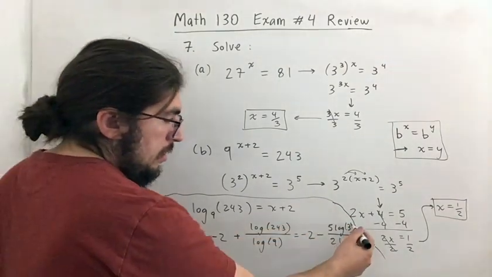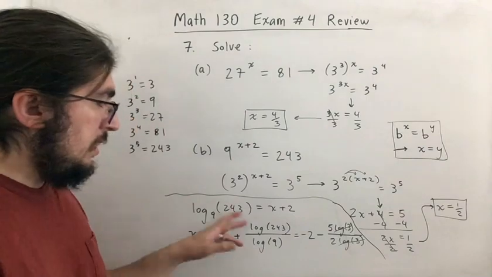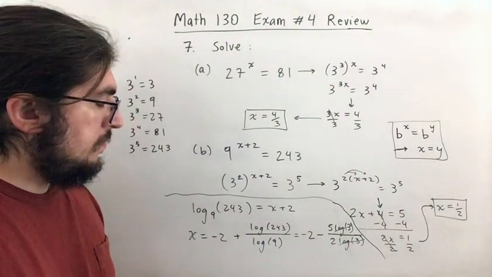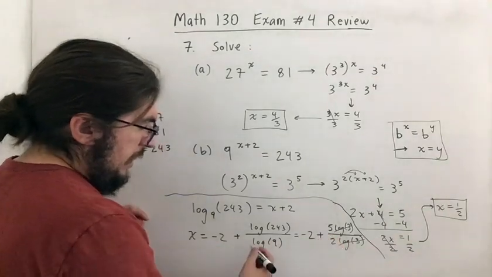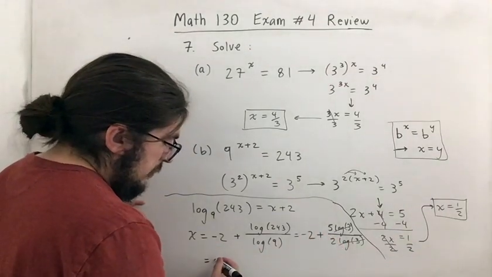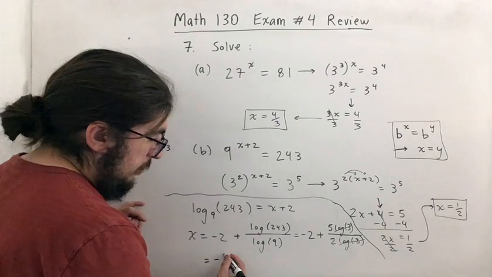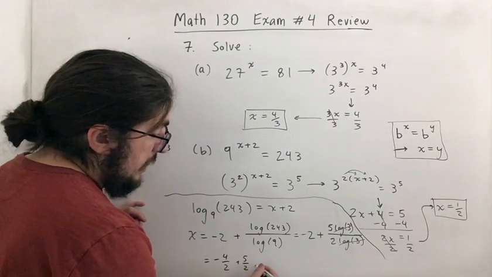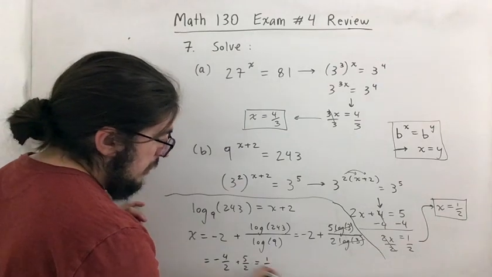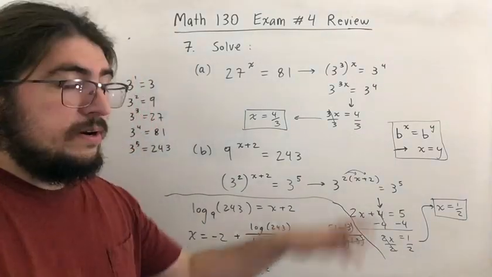The log of 3's cancel, so we see that this is indeed 5 over 2. Okay, and it's positive. So then we get negative 2, which is negative 4 over 2, find the common denominator, plus 5 over 2 is positive 1 over 2, just like we got over there.